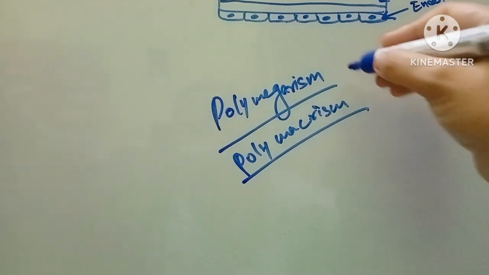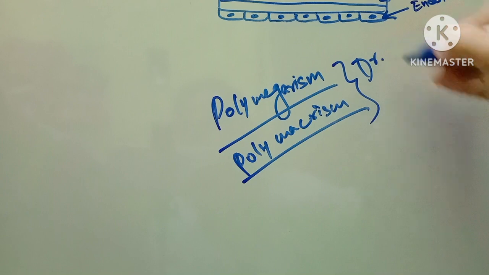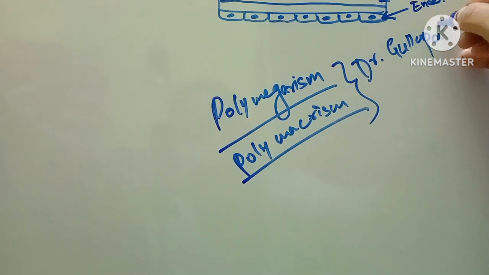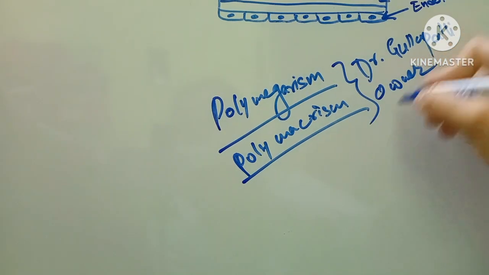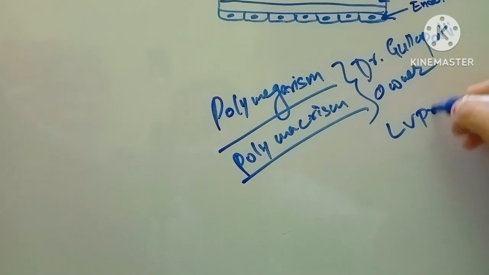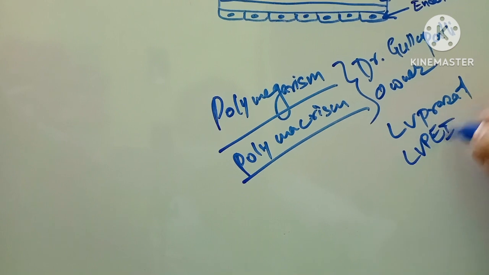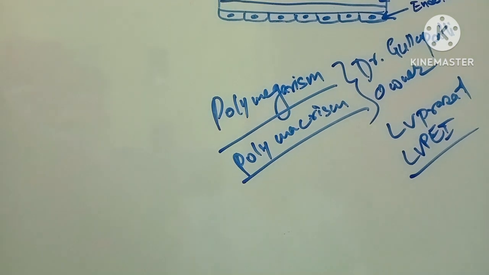These two words were invented by Dr. Gullapalli, the founder of LV Prasad Eye Institute, known as LVPEI. Polymegathism means the cells decrease in the endothelium.